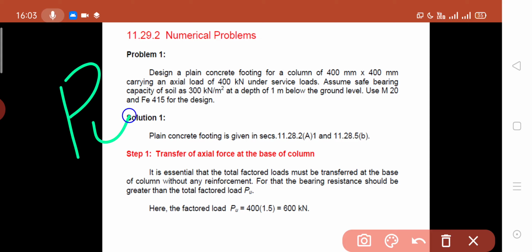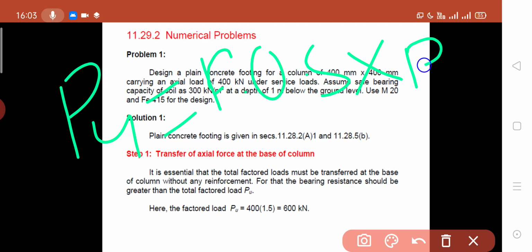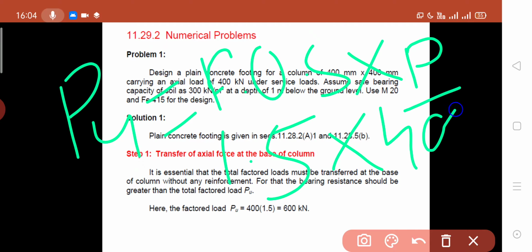Pu is the factor of safety multiplied with load P. According to the Indian Standard Code 456 limit state method, the factor of safety for loads is 1.5 and the load is 400.